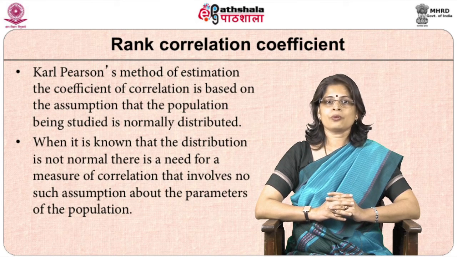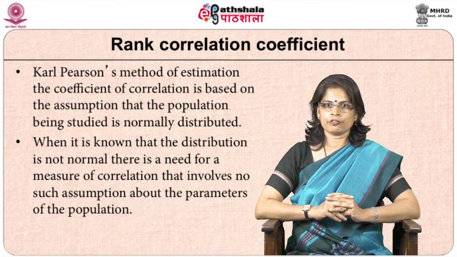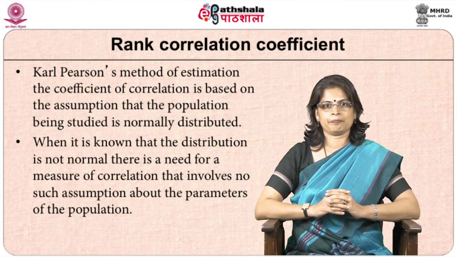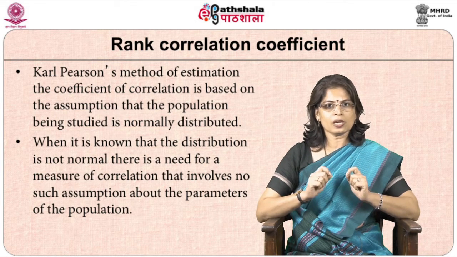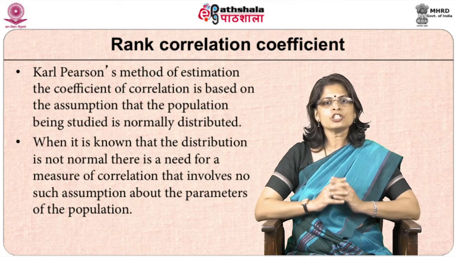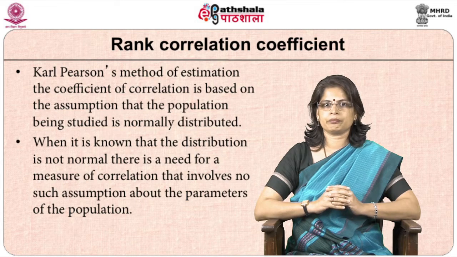Let us see what is rank correlation coefficient. Karl Pearson's method of estimating the correlation coefficient is based on the assumption that the population under study is normally distributed. When it is known to us that the distribution is not normal, we need a measure of correlation that involves no such assumption.